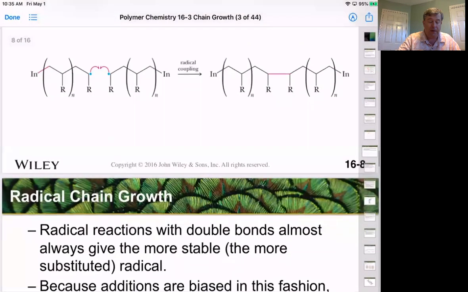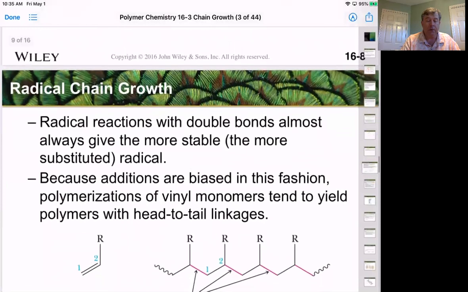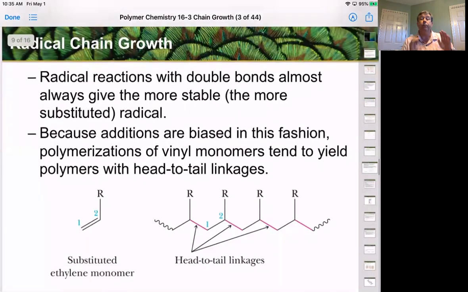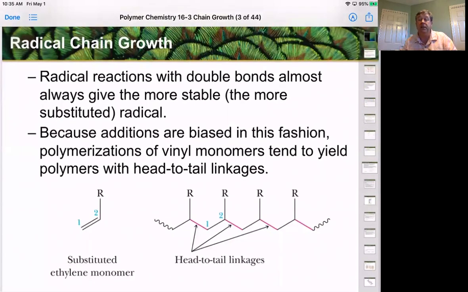Okay, remember I said that the radicals will form on the more stable, most substituted carbon. What this means is that our monomer units will add the same way every single time, okay? So in the case of just ethylene right here, we have a CH2 and a CH2, so we don't have any specificity as to which side is which.